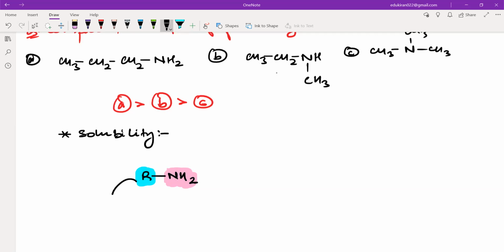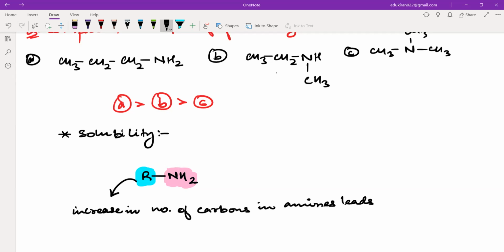So as this increases, an increase in the number of carbons in amines leads to a decrease in solubility.